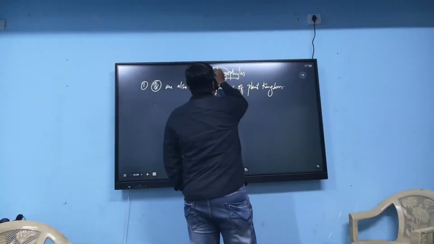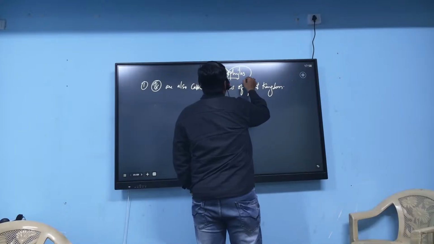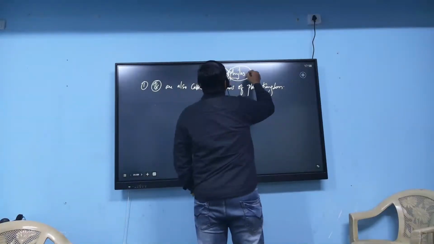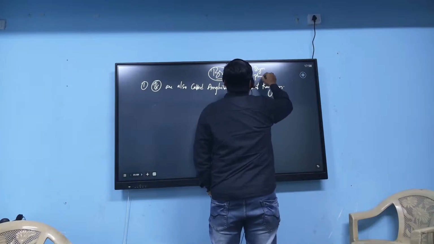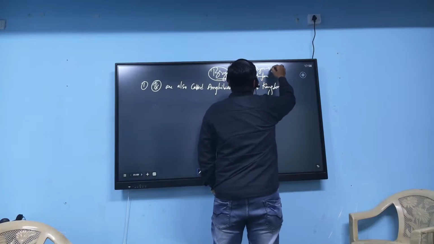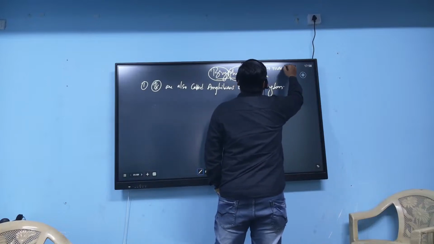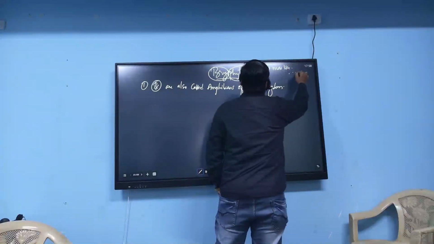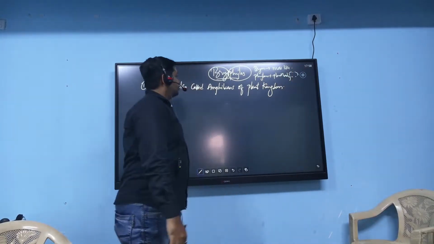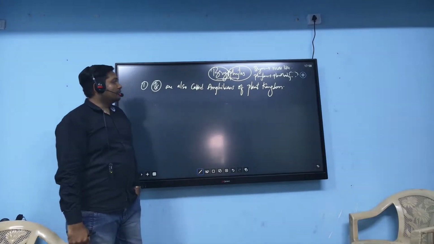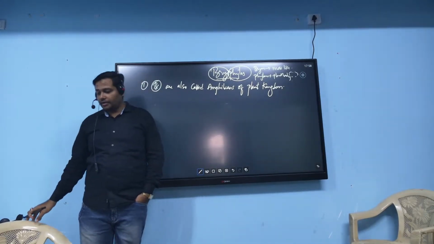The word bryophytes comes from bryon and phyton. Bryon means moss-like, and phyton means plant body. So, first point: bryophytes are also called amphibians of the plant kingdom.